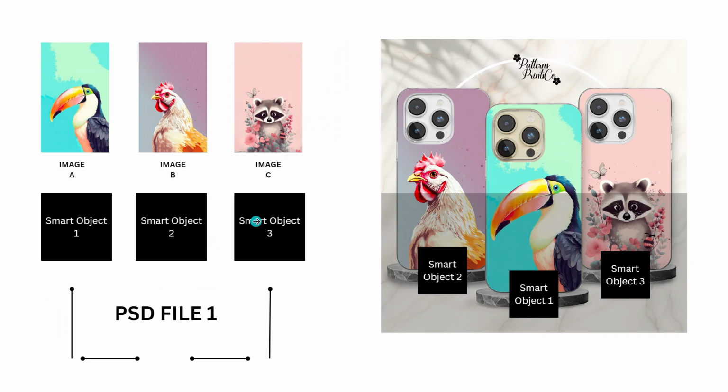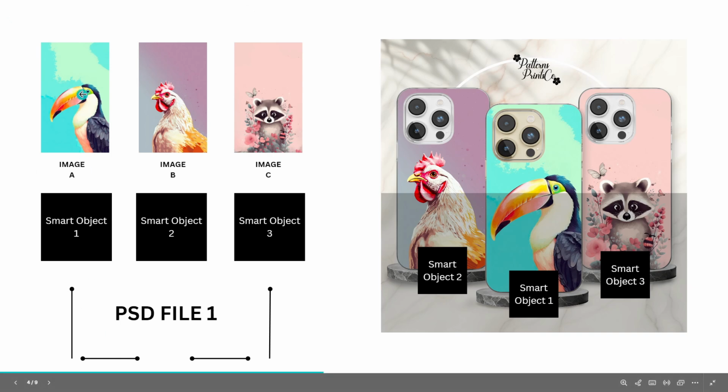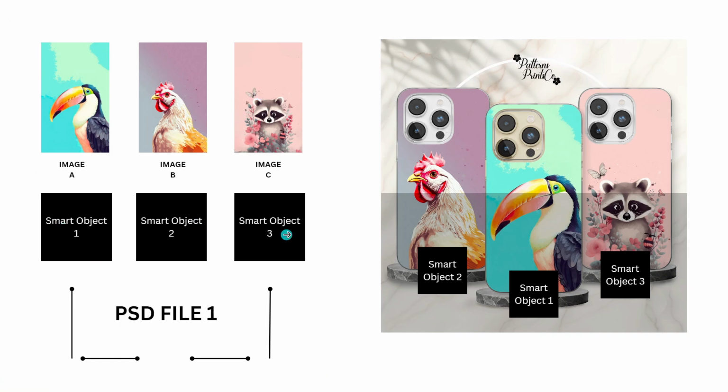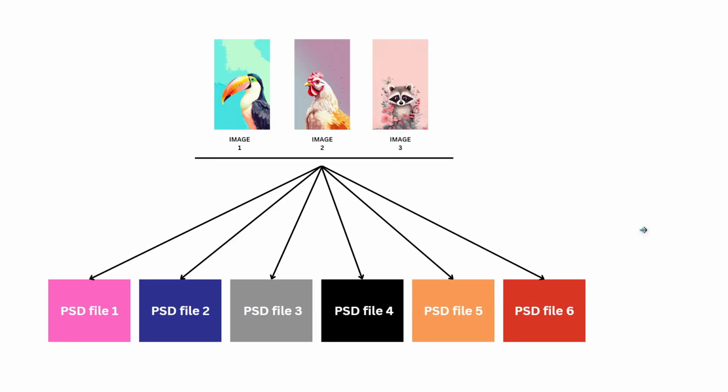This is an example: one single Photoshop file, and then you have image A, image B, image C. And here I show you how this one is image A, this one is image B, and this one is image C.